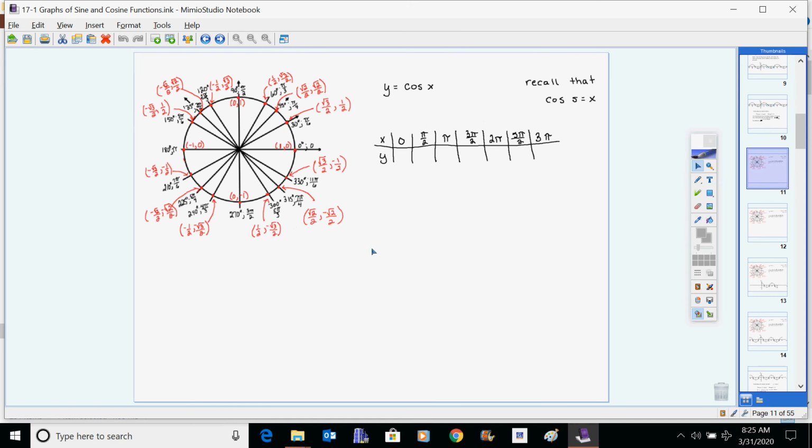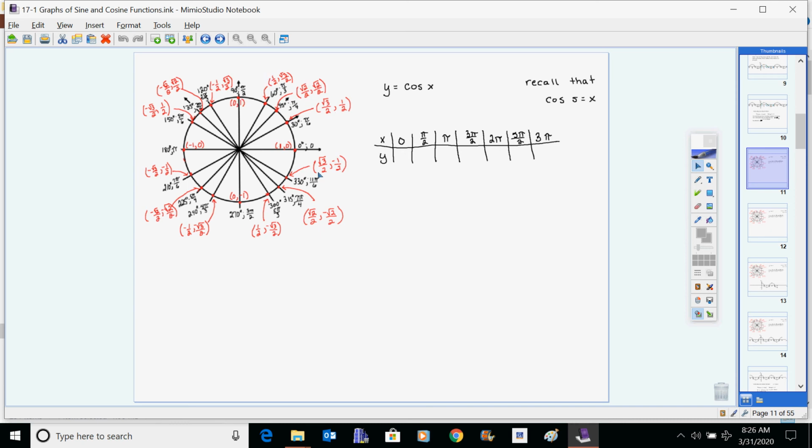We need to think about cosine. Now notice I made the chart a lot simpler. Even though we know that there's all these curvy values, and the cosine graph is going to look very similar to the sine graph, we need to recall the idea that if you're thinking of S as being your radian measure angle here, that the cosine values come from the x coordinates.